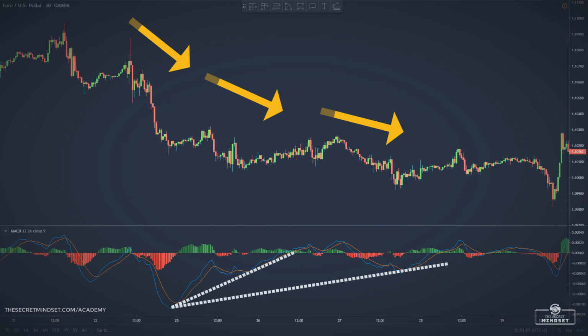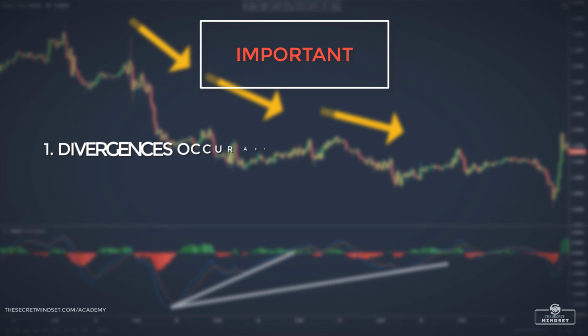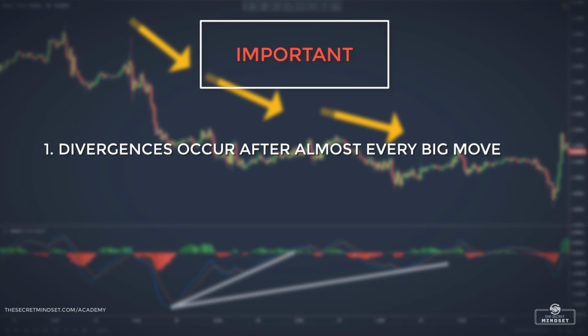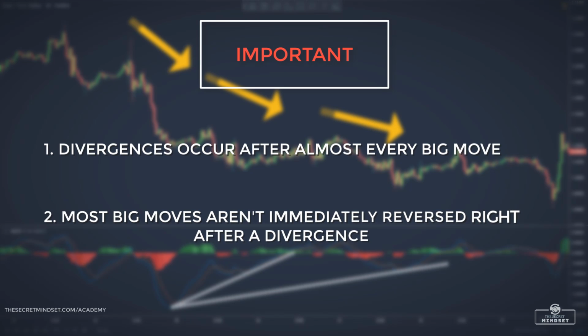That doesn't mean divergence can't and won't signal the occasional reversal, but it must be taken with a grain of salt after a big move. Since divergence occurs after almost every big move, and most big moves aren't immediately reversed right after, if you assume that a divergence in this case means a reversal is coming, you could get yourself into a lot of losing trades.